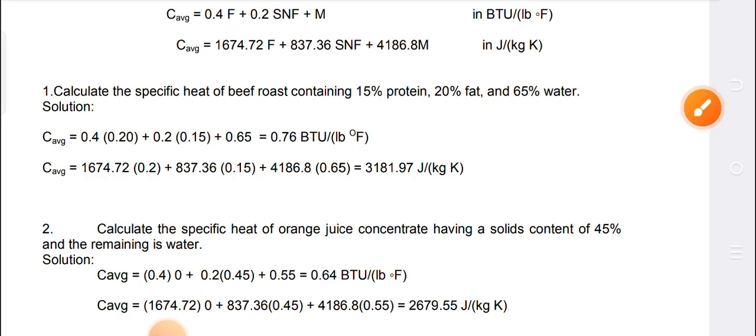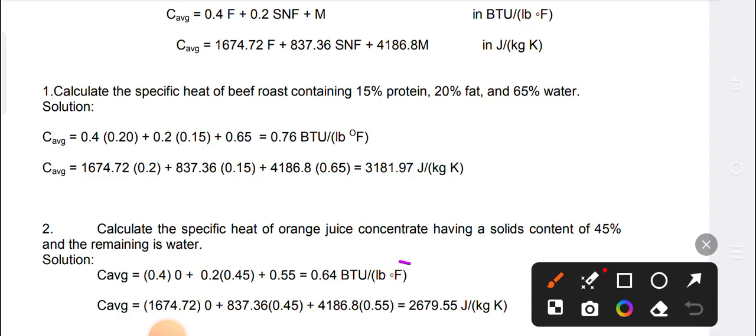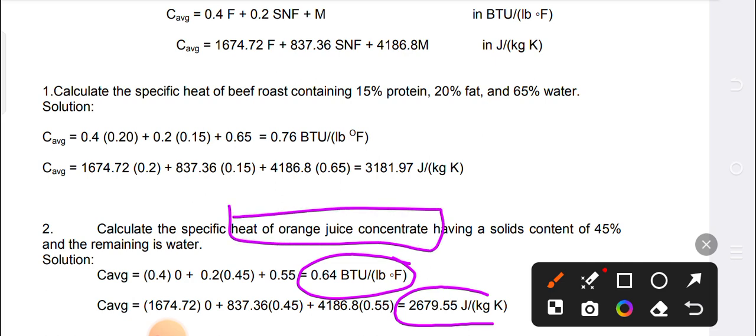Now, if you will be asked which among the two, is it the 0.64 or the 2,679.55, ang higher specific heat? Alin kaya sa dalawa ang higher? Of course, ang answer dyan ay wala because we are only referring to that same orange juice concentrate. Nagkaiba lang. Remember, you cannot compare two values with two different units.